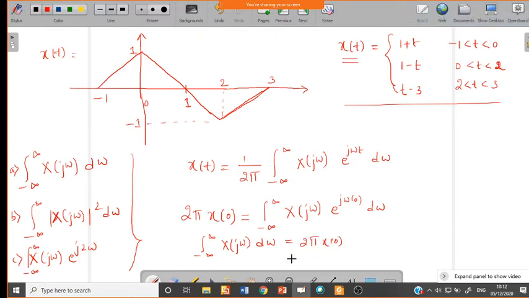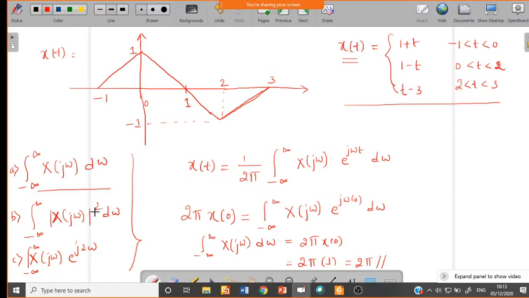Now we know at t equal to 0, the value of x of t is 1. So that will give 2 pi into 1, which is equal to 2 pi. So this is the answer for the first one, that is the computation of integral minus infinity to plus infinity x of j omega into d omega.